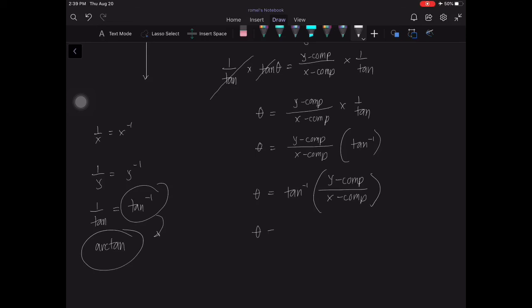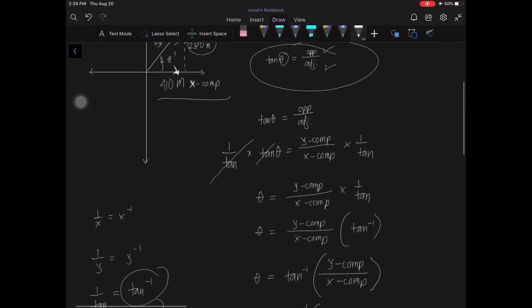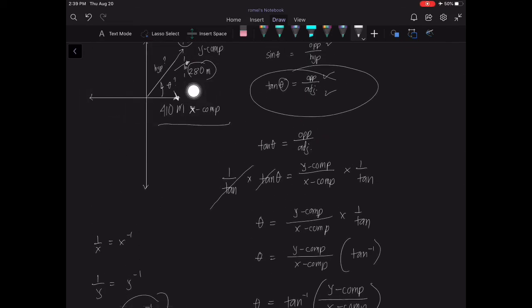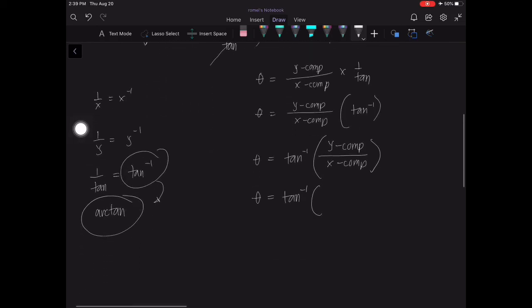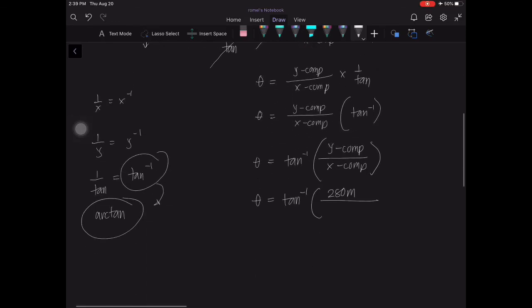So our theta now would equal, substituting, arctan. Going back to our given, y is 280 meters and x is 410 meters.